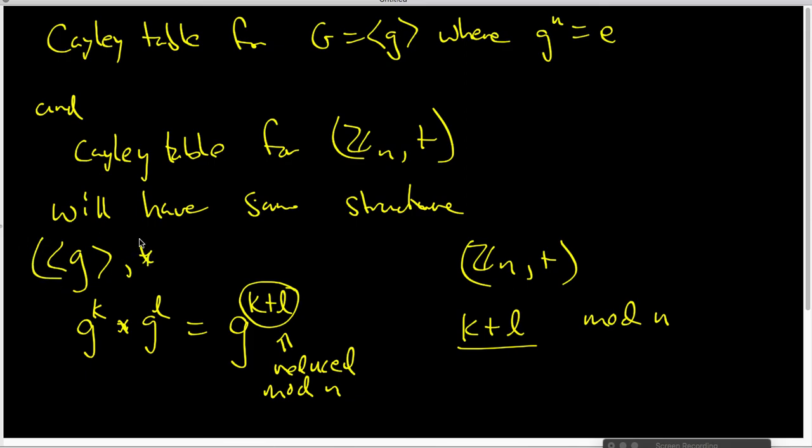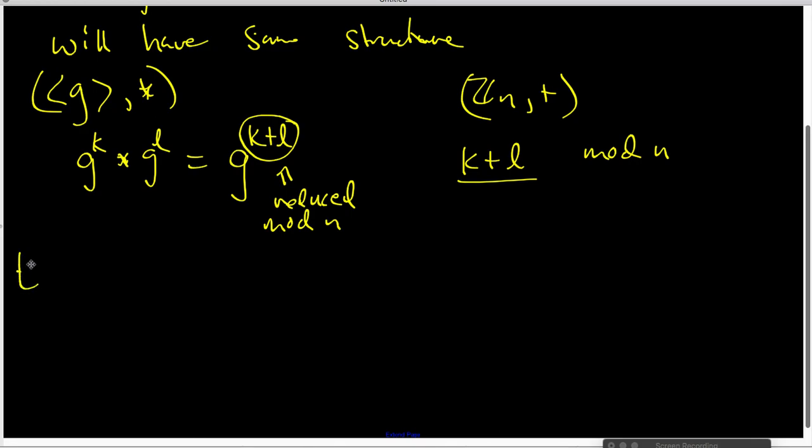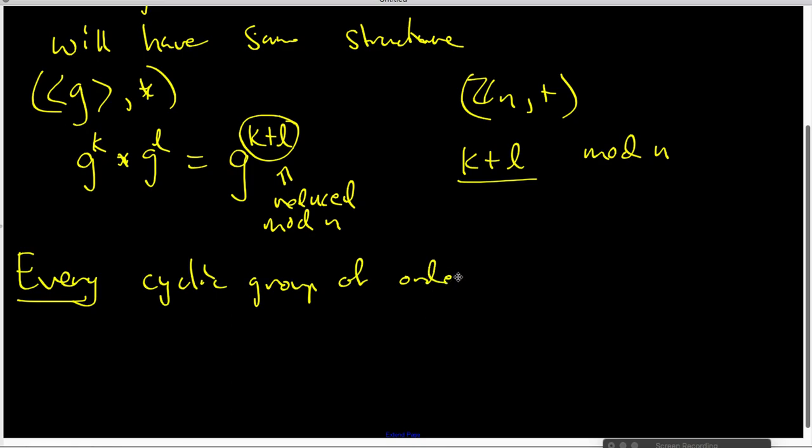So what we have then is that every cyclic group of order n is going to be isomorphic to Zn under its addition.